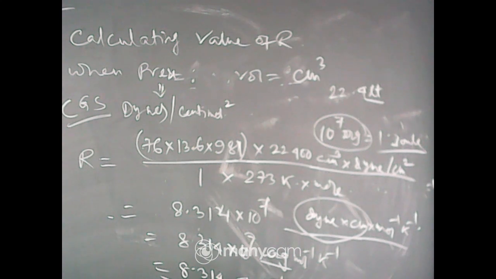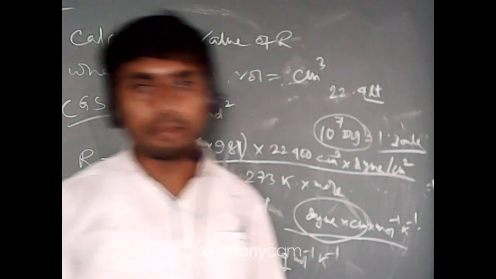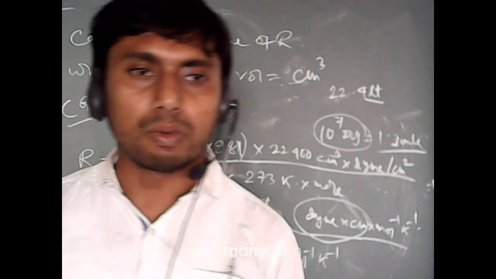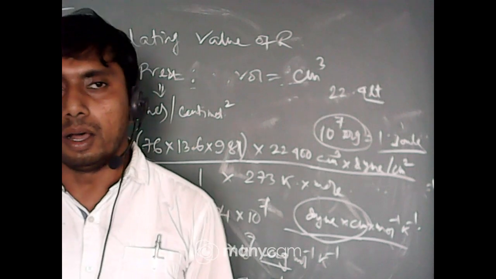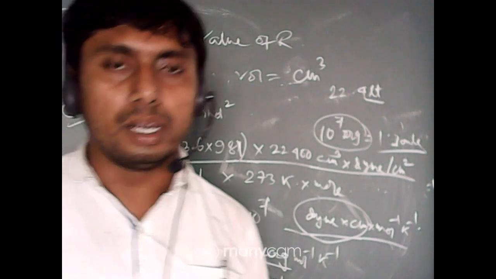You can also calculate the value of R in SI unit by using P in the form of 101325 Newton per meter square, and volume converting it to meter cube, because 1 liter equal to 10 to the power minus 3 meter cube. Okay, so this is the value of R. Questions may come from this, that is calculate the value of R in SI unit or in CGS unit or in liter atmosphere unit.